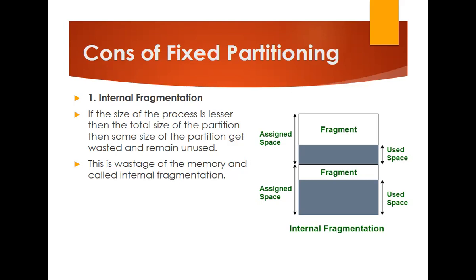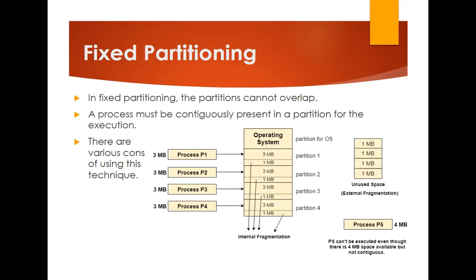So, the cons of fixed partitioning: internal fragmentation. If the size of the process is less than the total size of the partition, then some part of the partition gets wasted and remains unused. This is one state of the memory, called internal fragmentation. These places are wasted.